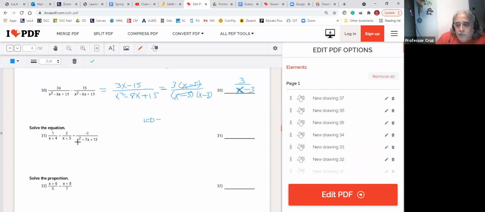Here, now this factors as x plus 4, x plus 3. All right, so the LCD is just both of these here, so it's x plus 4 times x plus 3.